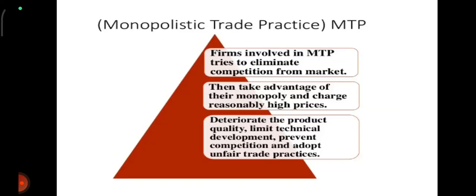After that, we will try to understand what MTP, monopolistic trade practices, means. Firms involved in MTP try to eliminate competition from the market, that is monopoly, then take advantage of their monopoly and charge unreasonably high prices. After that, they deteriorate the product quality, limit technical development, prevent competition and adopt unfair trade practices.